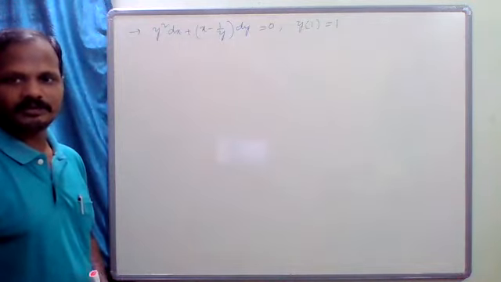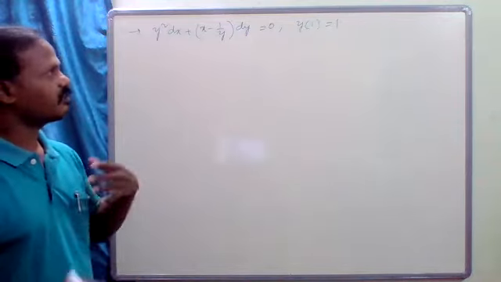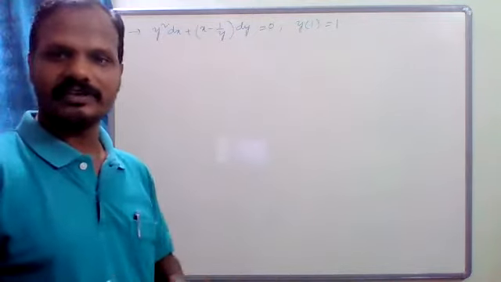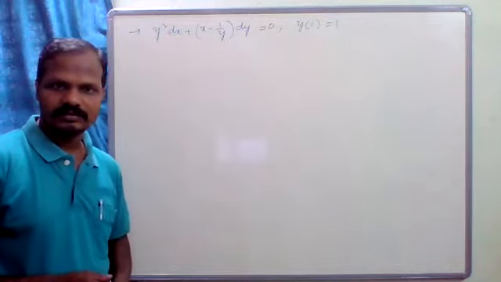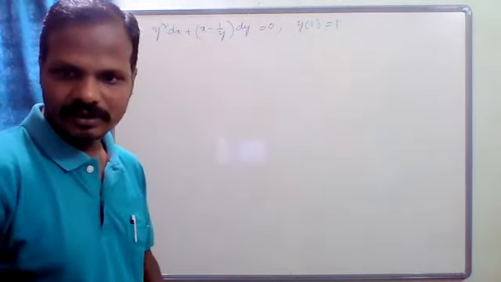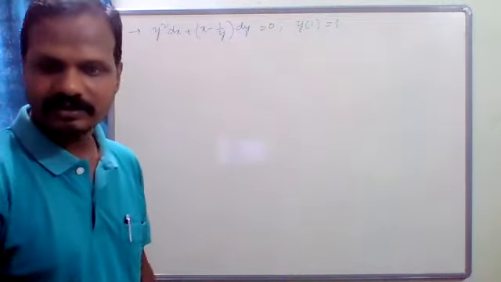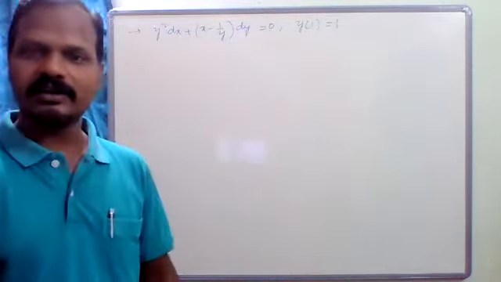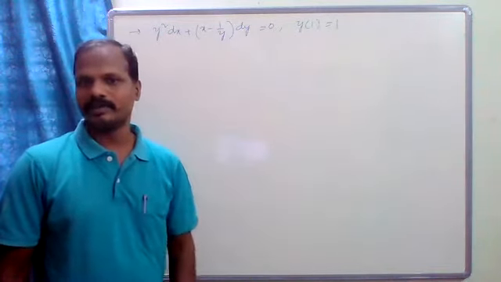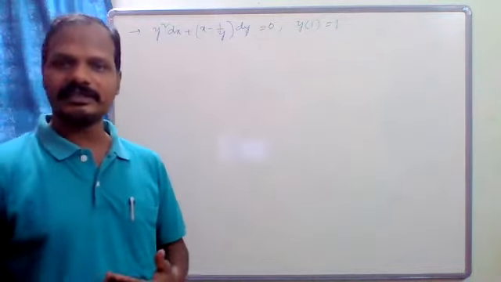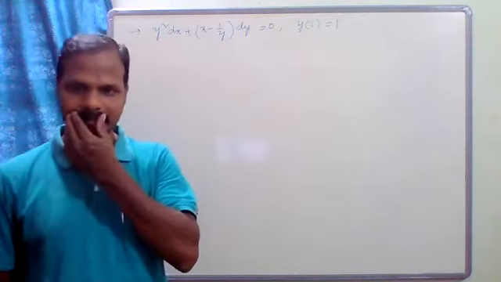Obviously it is not possible, because x and y both are mixed with dx and dy. So tell me, which is linear in x or linear in y? If it is linear in y, then we write dy by dx plus py equals q. If it is linear in x, then you have to write dx by dy plus px equals q.